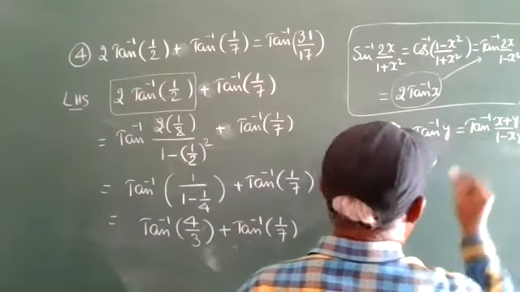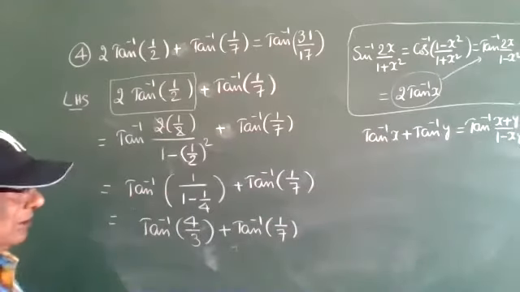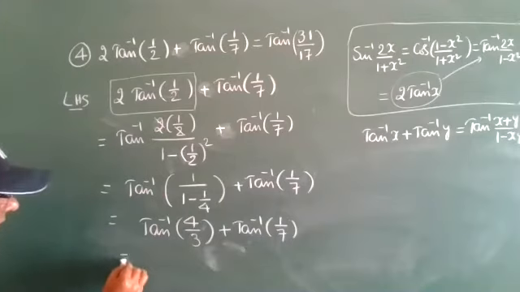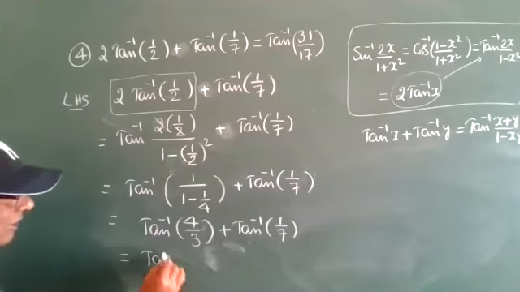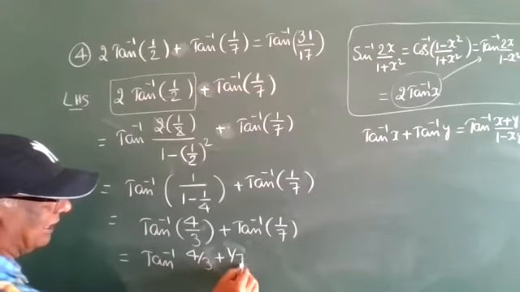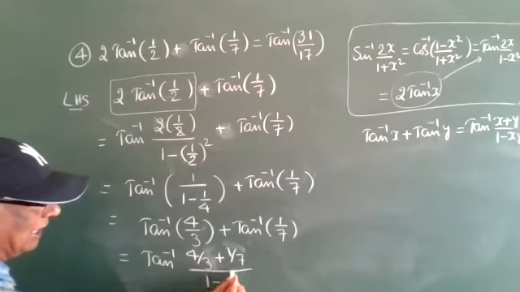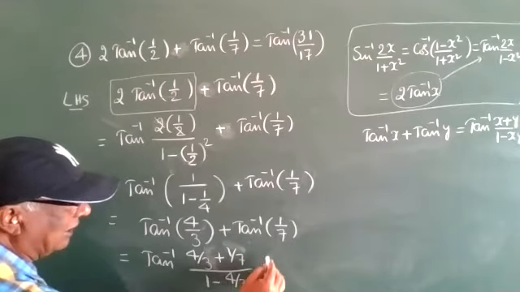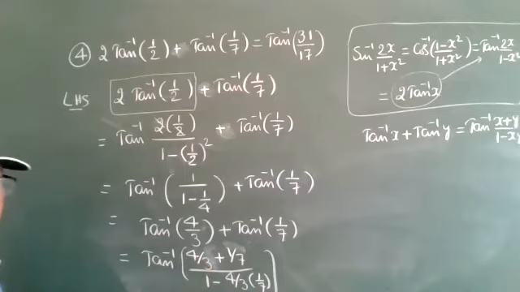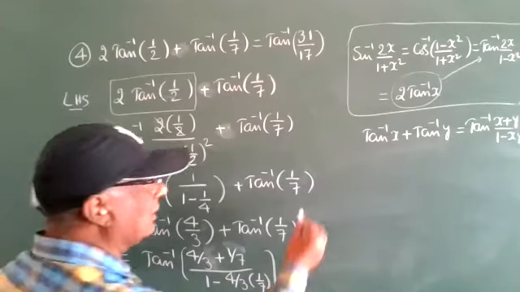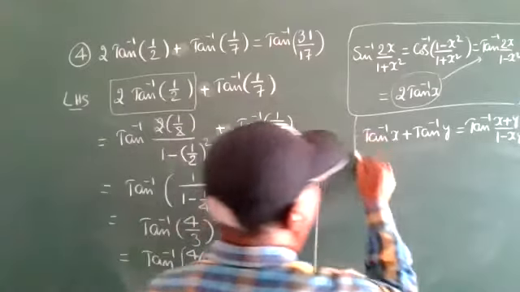So tan inverse of 4 by 3 plus 1 by 7 by 1 minus 4 by 3 into 1 by 7. Now simplify, everyone.